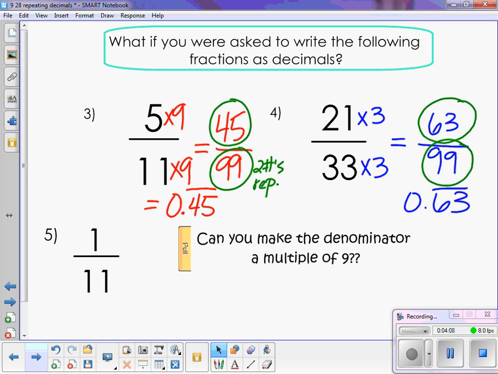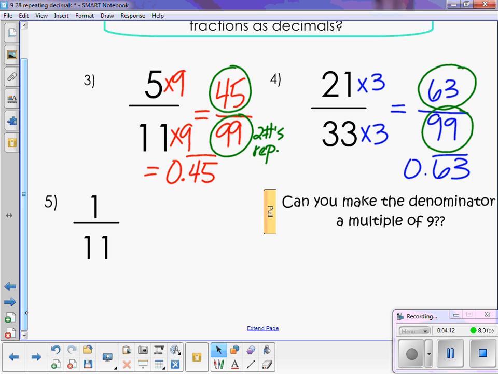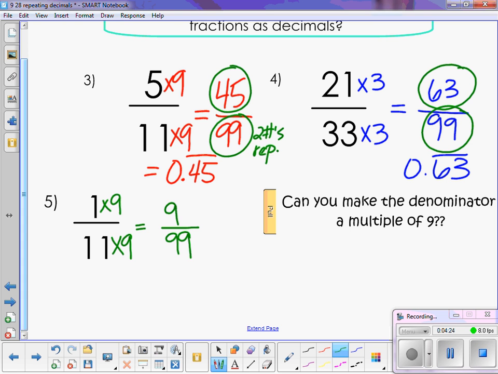All right, now number 5 is a little bit different. So write down 1/11. Again, we know that we can multiply 11 by 9 to give us a multiple of 9 in our denominator, and I would do the same thing to the numerator, times 9. Now, we have two 9s in the denominator, which we all know means I'm going to be repeating two numbers in my numerator.